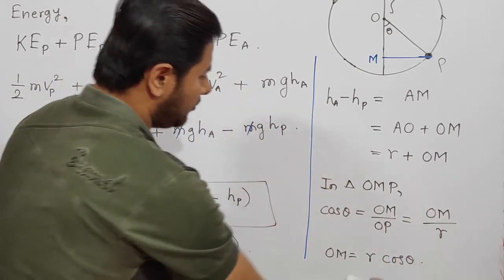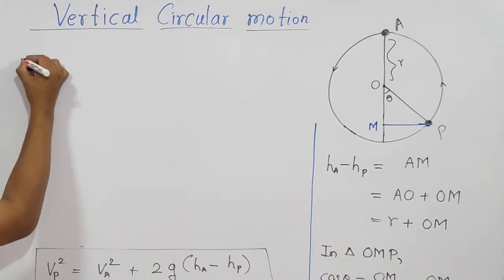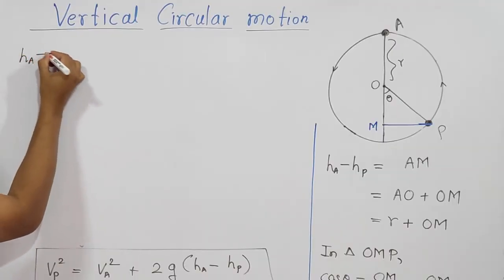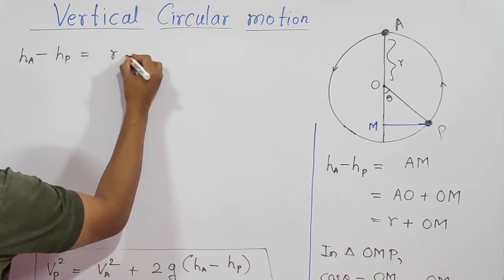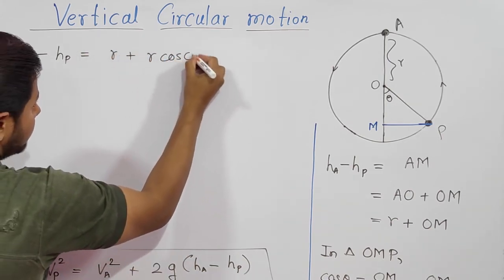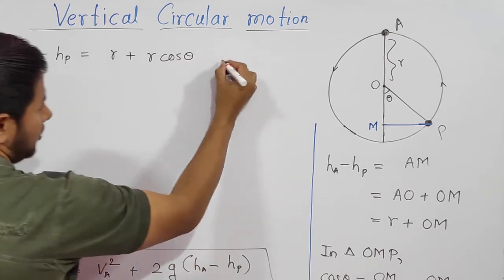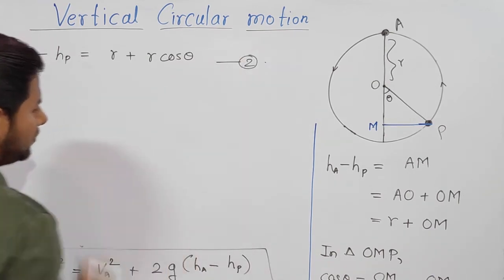And then we can substitute it here. So we have HA minus HP equals to R plus R cos theta. So suppose this is equation number 2.